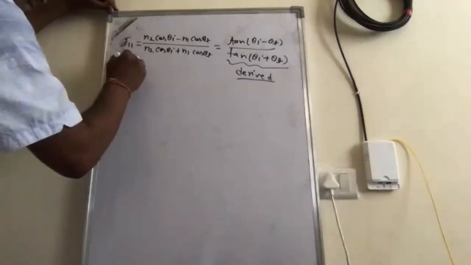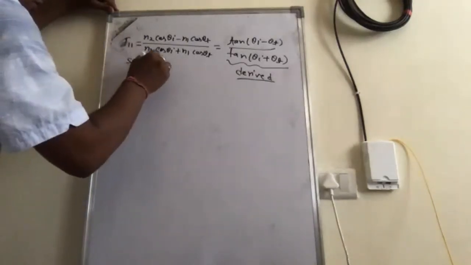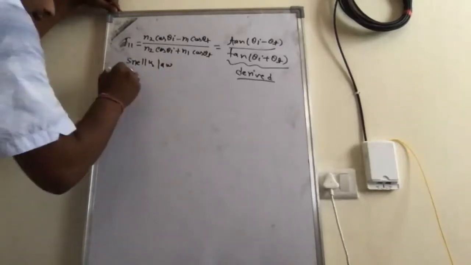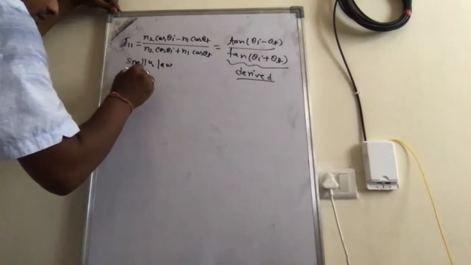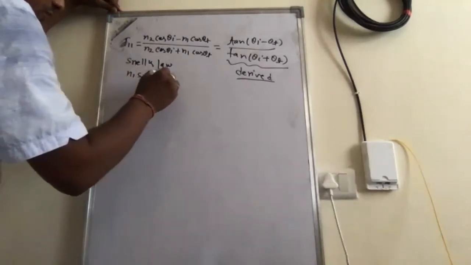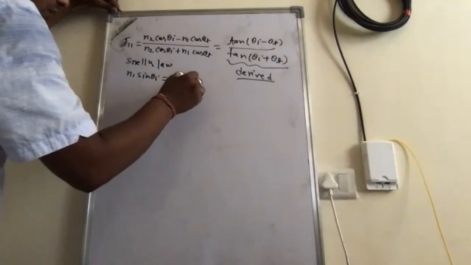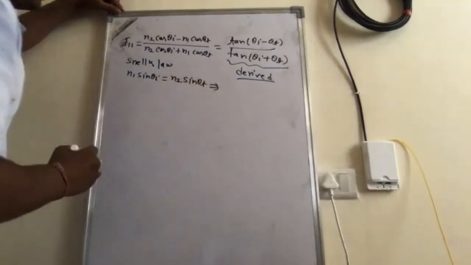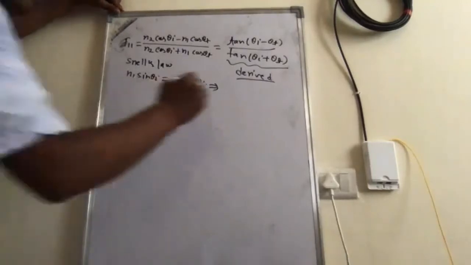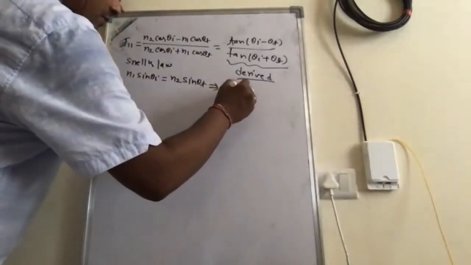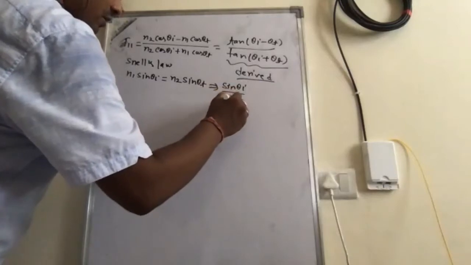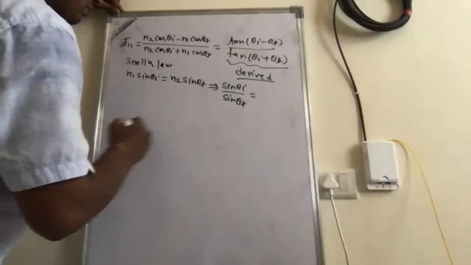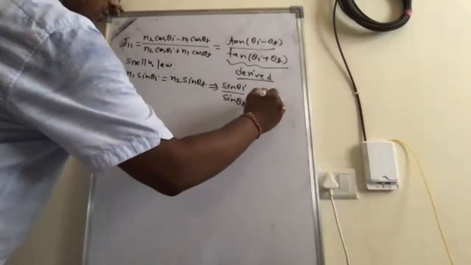We know that Snell's law for the refraction is given by n1 sine theta I is equal to n2 sine theta t, and from this we can write sine theta I upon sine theta t is equal to n2 upon n1.